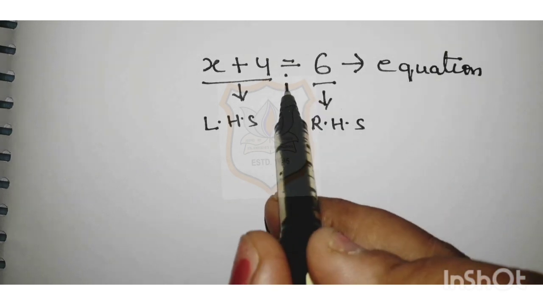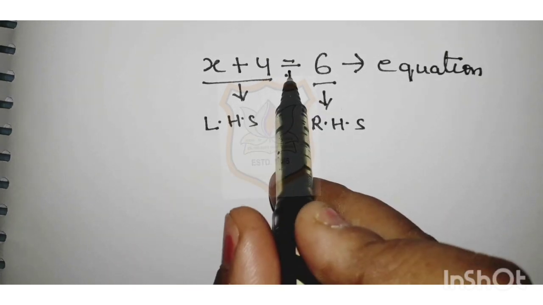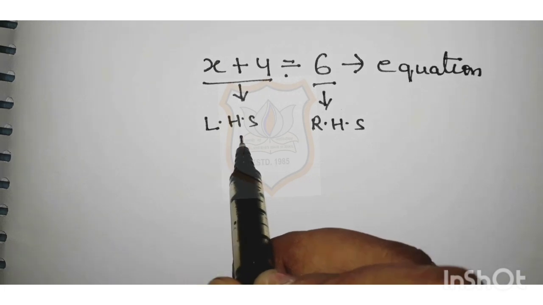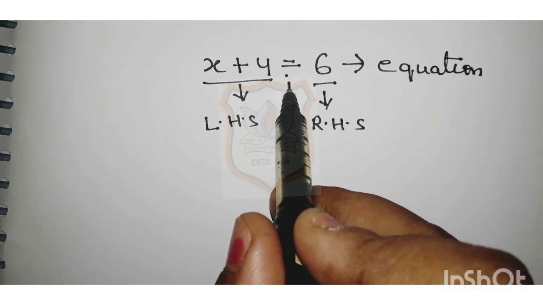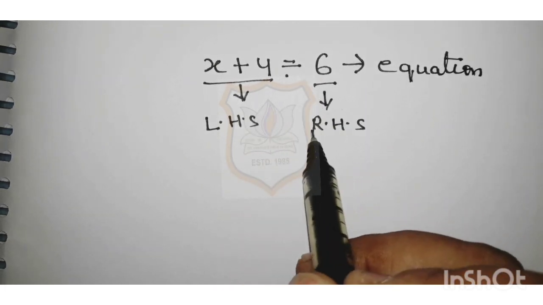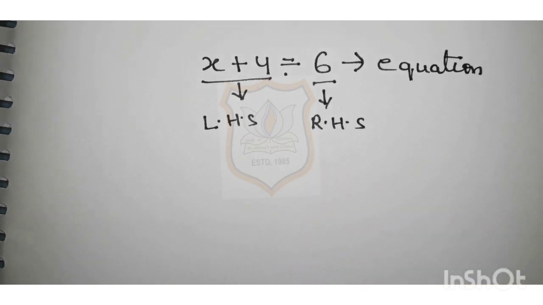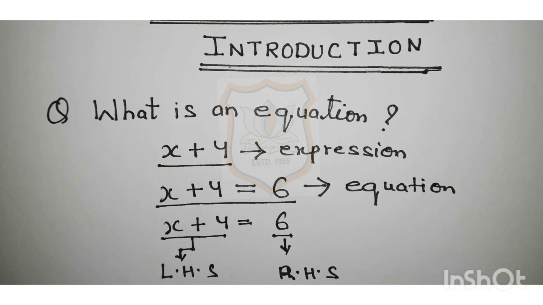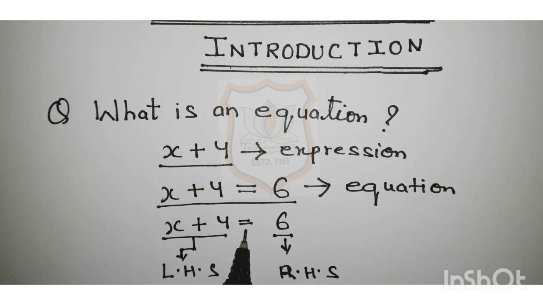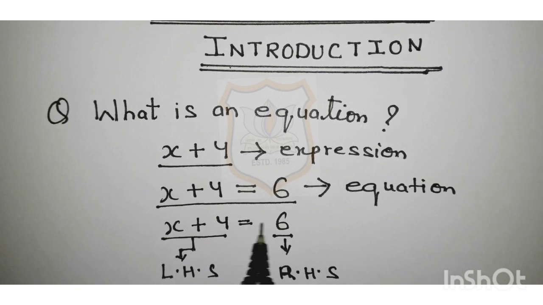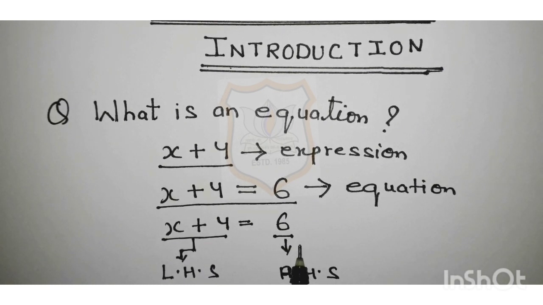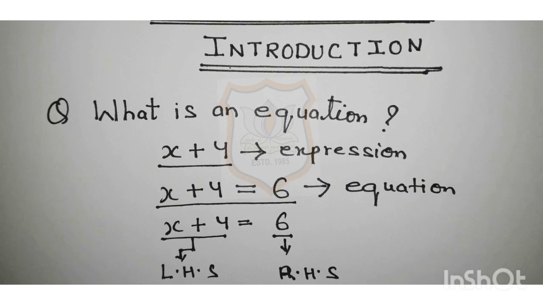In other words, the part towards the left side of the is equal to sign is the left hand side, and the part towards the right side of the is equal to sign is the right hand side.